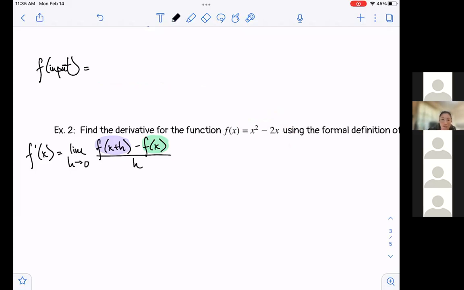Where'd you get negative x squared from? Because we're subtracting, well, that's technically a negative that applies to the whole f of x equation. Wouldn't you then distribute the negative to the entire f of x input? Oh, this is the whole function, x squared minus 2x.